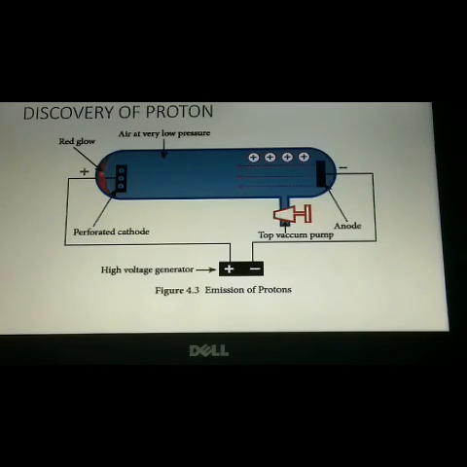Goldstein repeated the cathode ray experiment by using a perforated cathode. On applying a high voltage under low pressure, he observed a faint red glow on the wall behind the cathode. Since these rays originated from the anode, they were called anode rays or canal rays or positive rays. Anode rays were found to be a stream of positively charged particles.